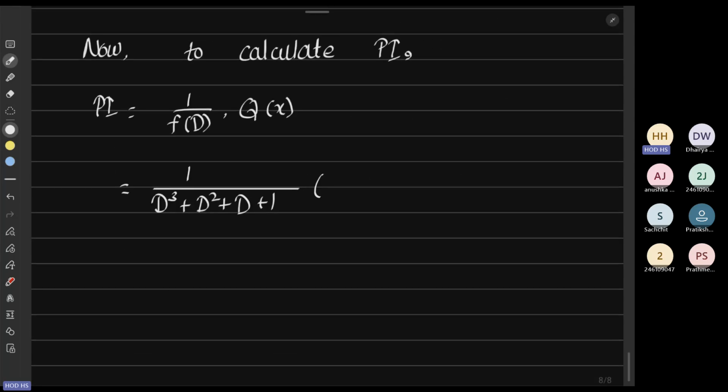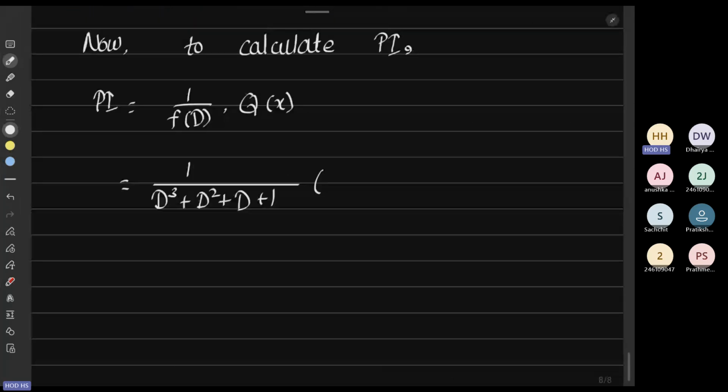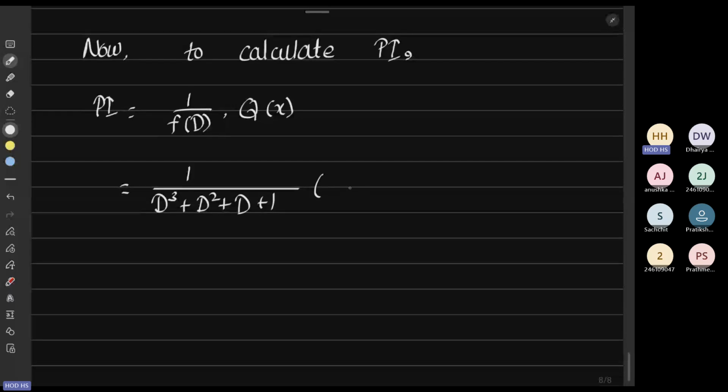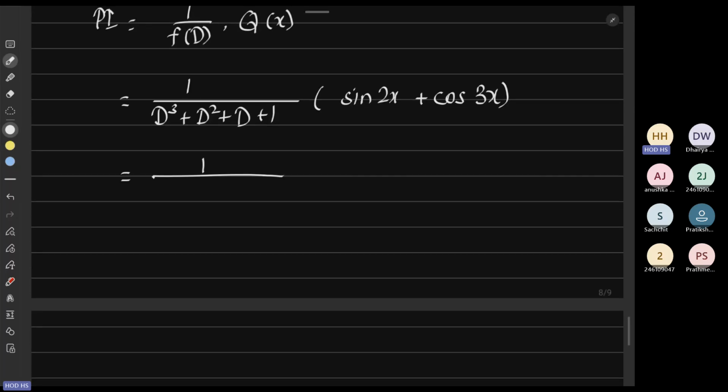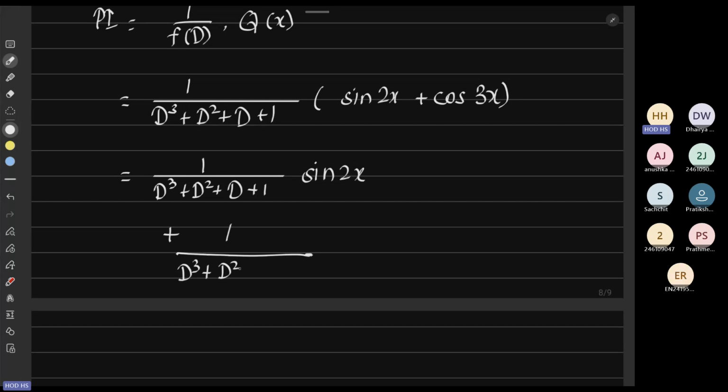And q of x was sine 2x plus cos 3x. Again, I will separate out the terms or distribute the operator. So this is 1 upon d cube plus d square plus d plus 1 of sine 2x plus, again, I will write down the same operator, d cube plus d square plus d plus 1 of cos 3x.